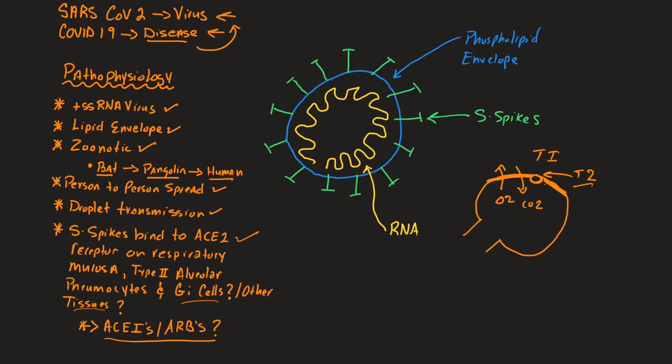Now, we do see that people with hypertension tend to be at higher risk. Might some of that be due to the fact that they're on ACE inhibitors? I don't think we know at this point, but it is just something worth mentioning, and it's obviously something that is being investigated at this point.